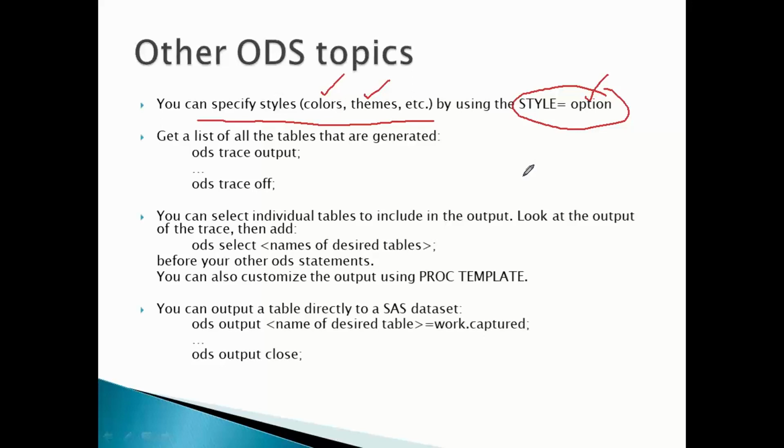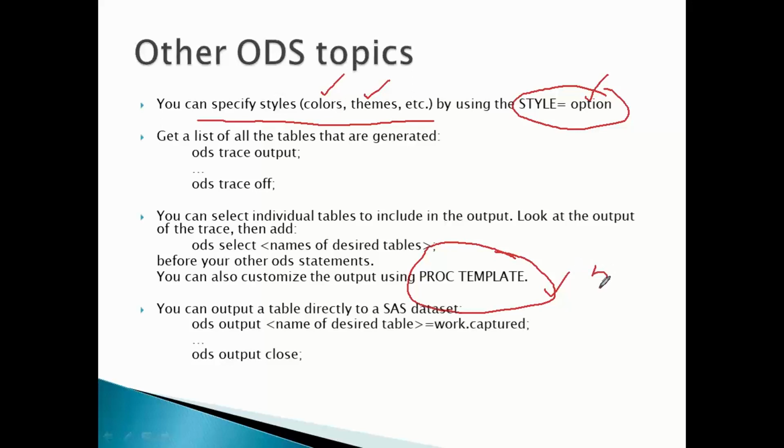So how do we know which themes are available in SAS and which ones we can enable? In order to do that, we have a procedure called proc template. There is a statement, proc template list styles. If we just execute it, it will show the list of all the templates that are available.